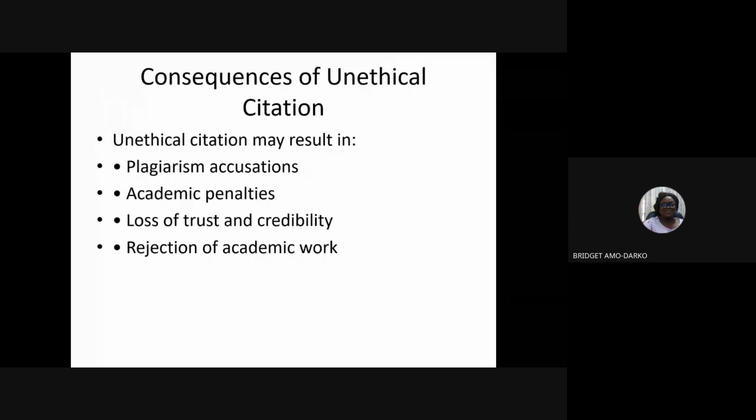And when you don't do that, you can be charged with an academic penalty. And it makes your work not credible. People will not trust your work. Hence, they will reject whatever research work you are bringing up.